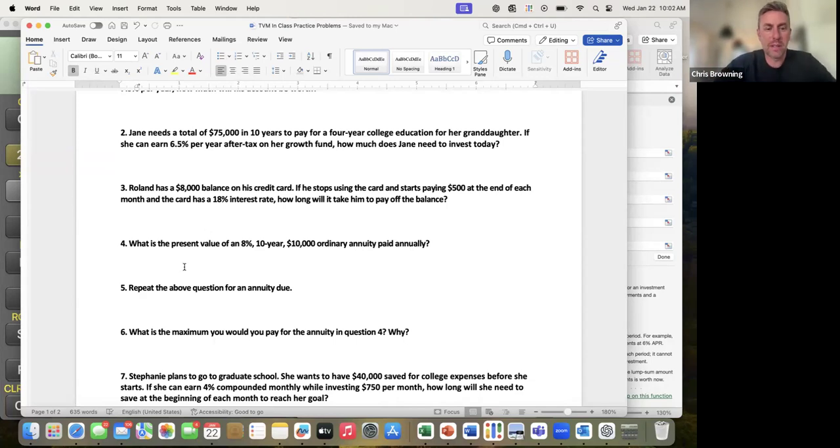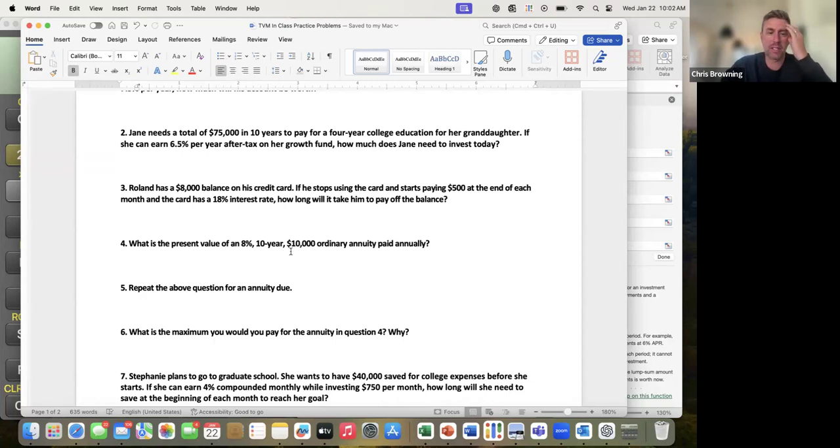So basically what this question is asking is, how much of a lump sum would the client need to produce $10,000 annually at the end of each year for the next 10 years if the original amount could earn 8% per year? Another way of looking at that is, how much would longevity insurance cost up front if these factors were true?